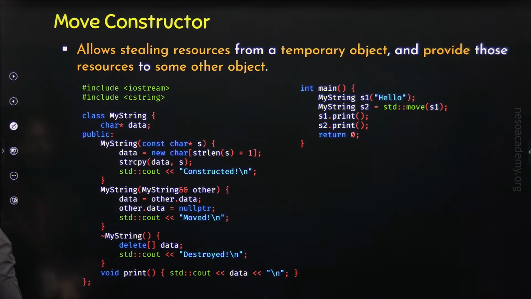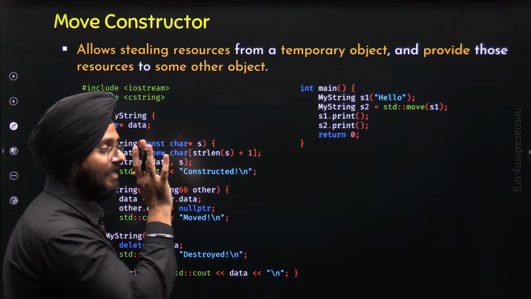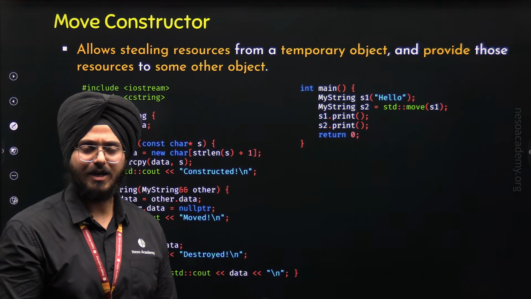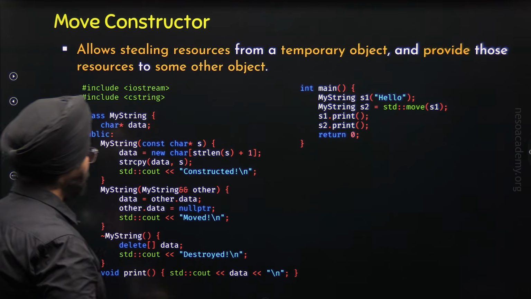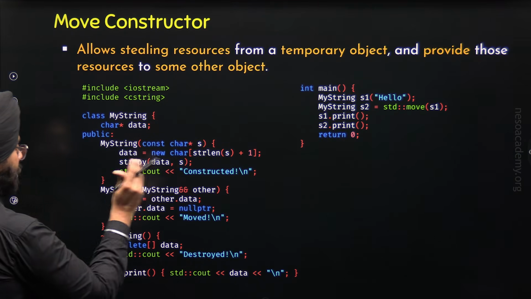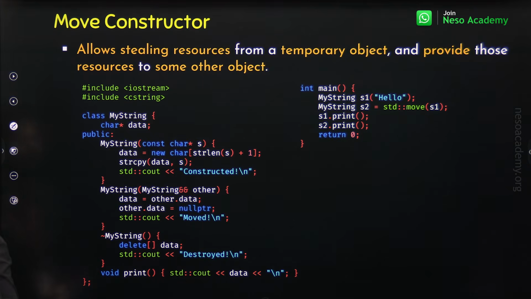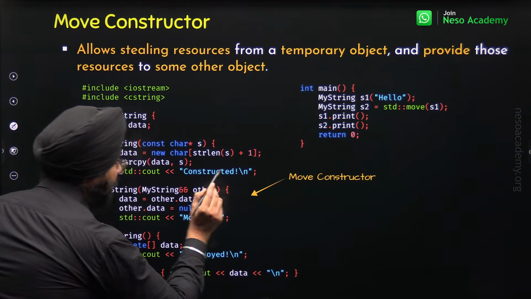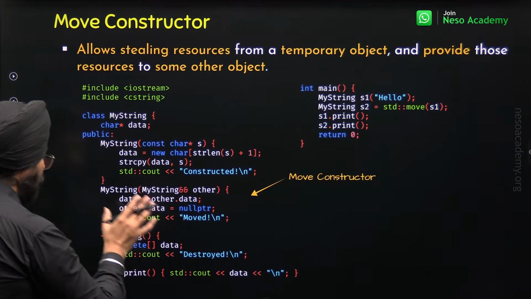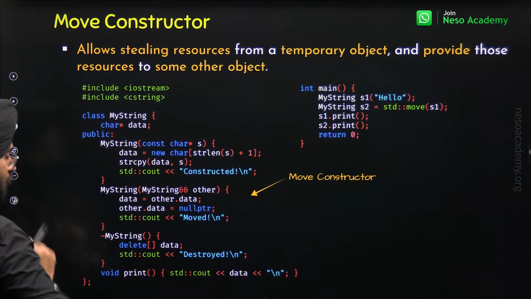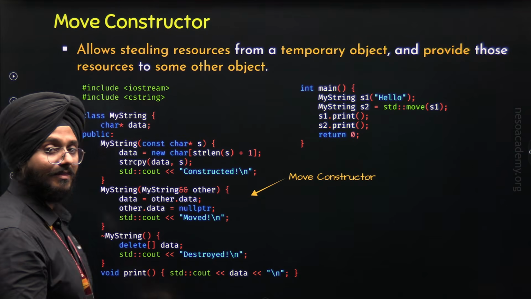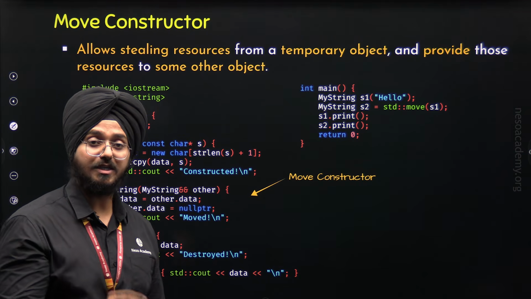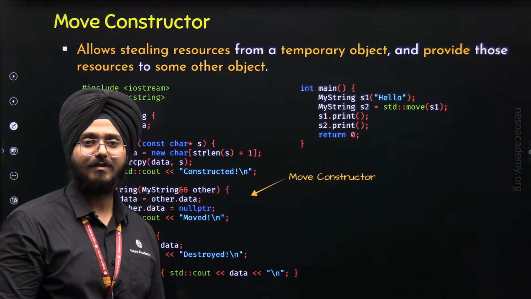In other words, S2.data is now pointing to the array. I hope this idea is completely clear to you. Now after this, through std::cout, I am displaying moved on the screen. So this is the move constructor. Now we also need to modify this print function so that when data is a null pointer, the string empty must be displayed on the screen.